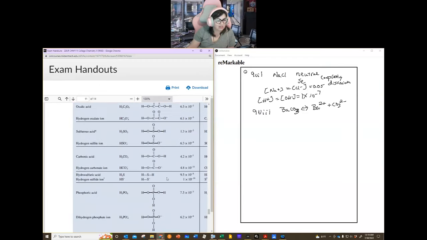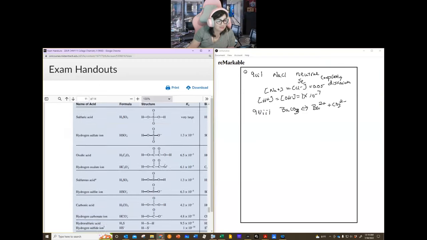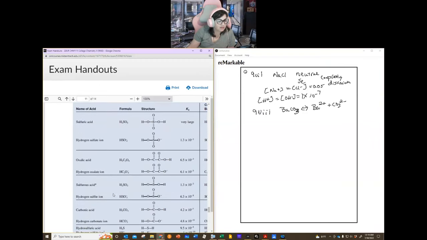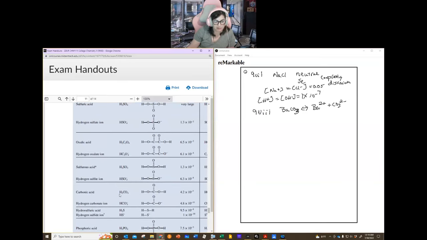Anyway, we can look at our diprotics, and what you see when you look on this table is that carbonic acid H2CO3 is on here. Now, that's not the CO3 2 minus, or is it?